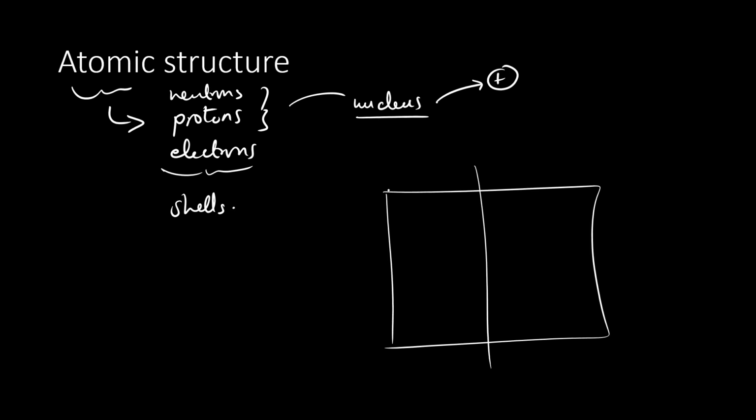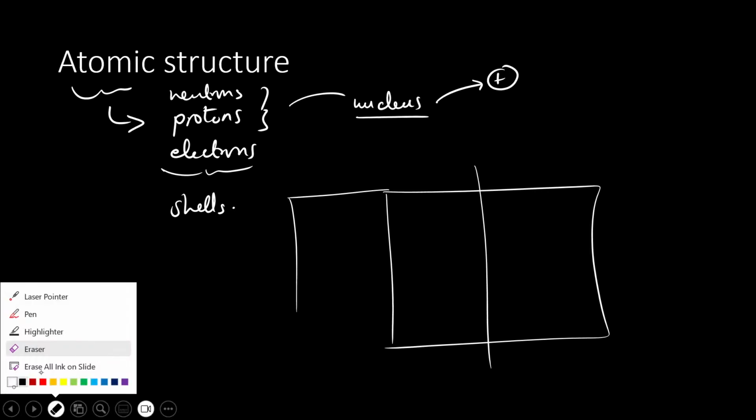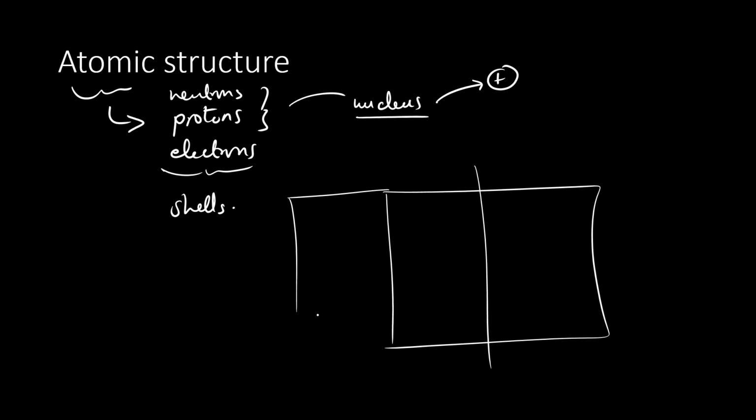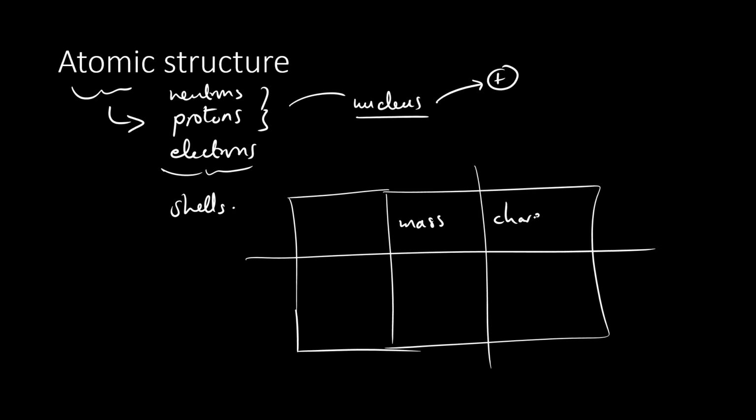So if I were to draw a table, this would be, let's say, mass, and this would be charge. So for an electron, typically it's -1 as a charge.